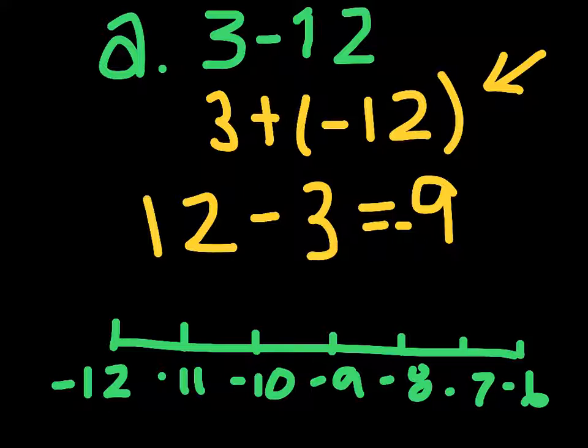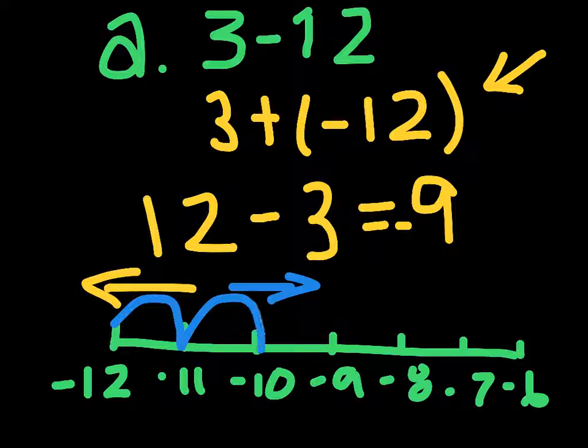Or you could start on 0 and go all the way to negative 12, but we're just going to start on negative 12. Then we're going to add 3. If we were going to take away 3, we would keep going this way. But we're going to add 3, so we're going to go this way. So 1, 2, 3. Our number is negative 9. All right.